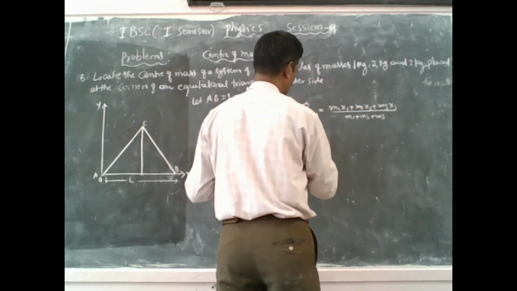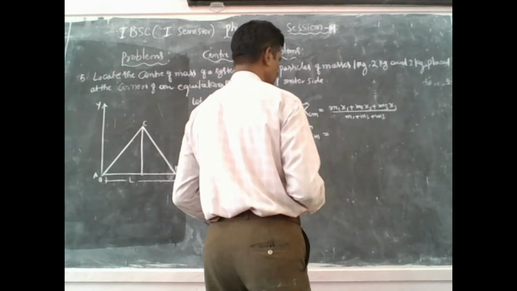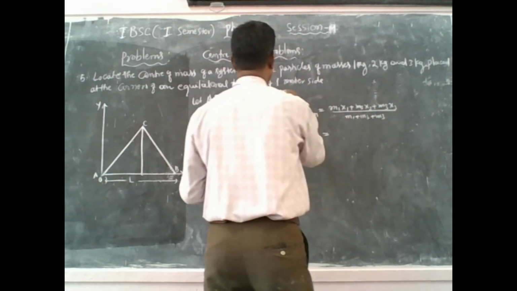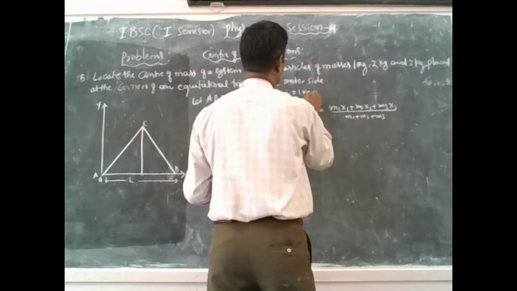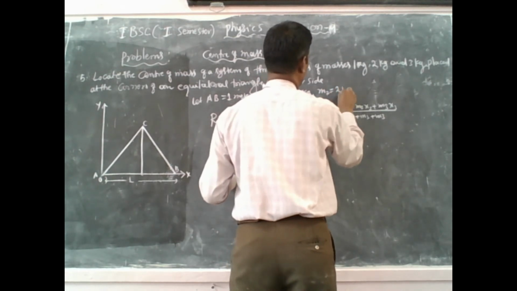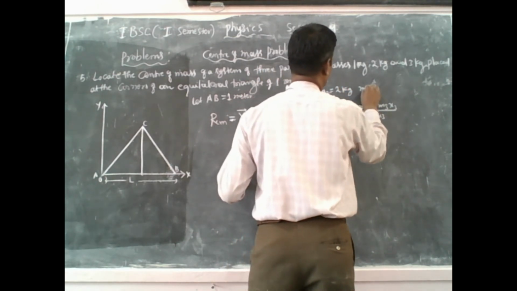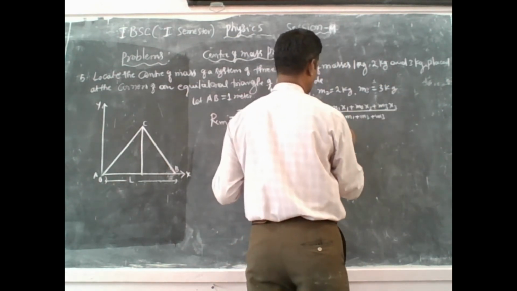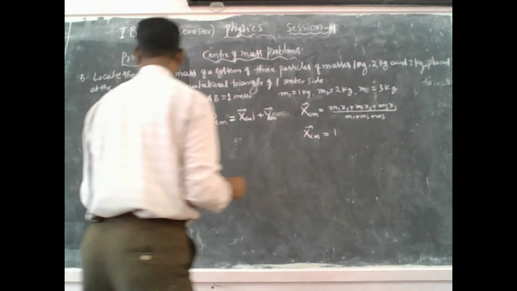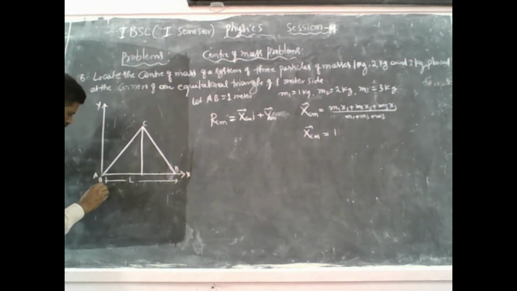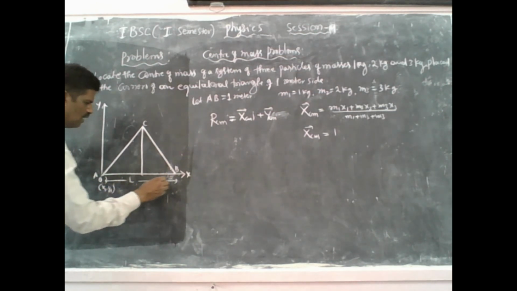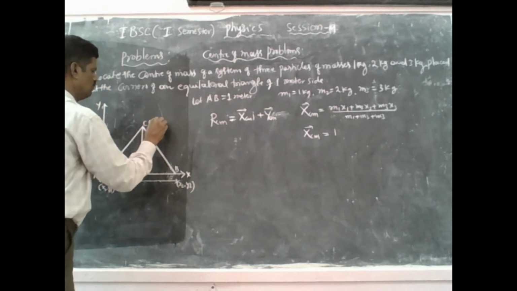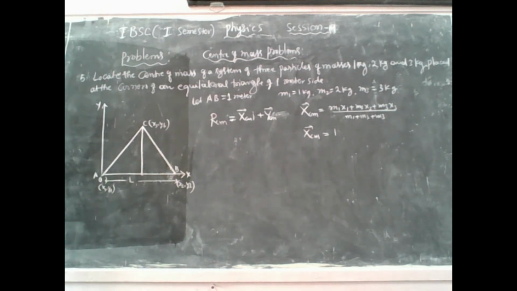And XCM equals, here M1 equals 1 kg, M2 is equal to 2 kg and M3 equals 3 kg, isn't it? So 1 into X1 is equal to, what is X1 here? So we have X1, Y1, here X2, Y2 and here X3, Y3, isn't it?